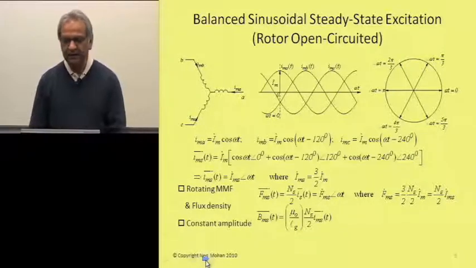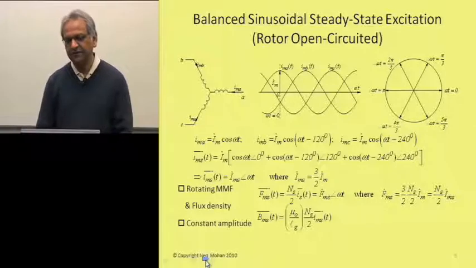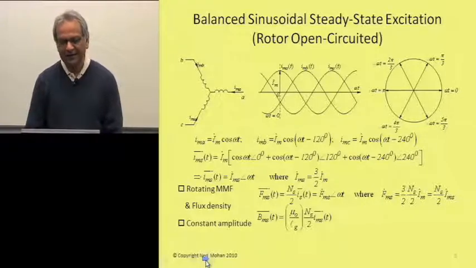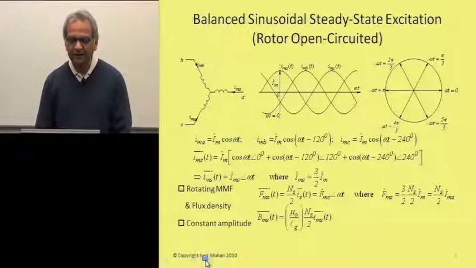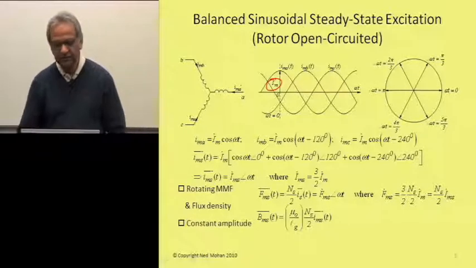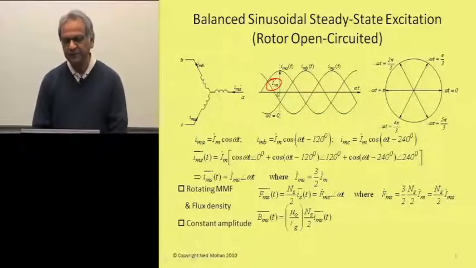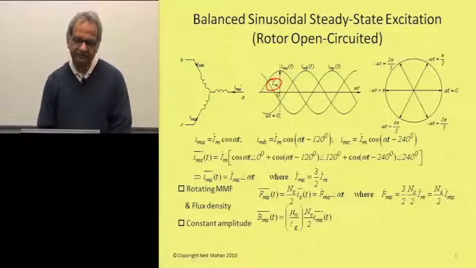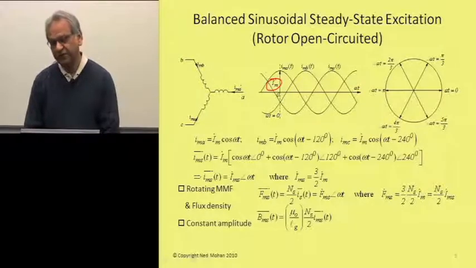Arbitrarily, let's say that the time origin t equal to 0 is at an instant where the current in phase A is peaking, and its amplitude is Im hat here. So the question is, what happens to the stator current space vector defined in terms of these three phase currents?